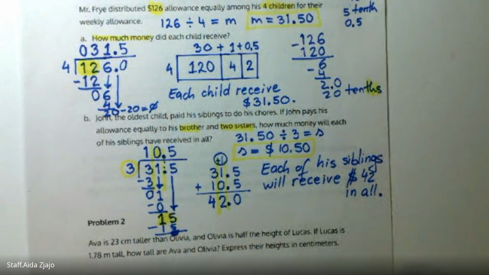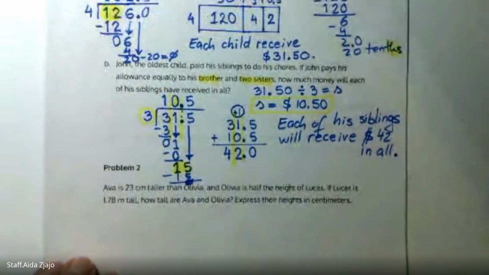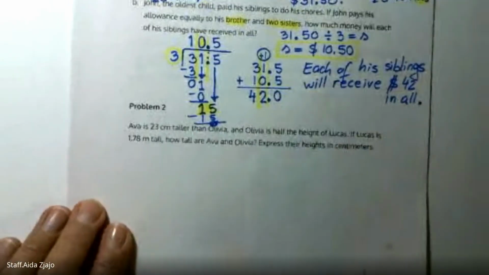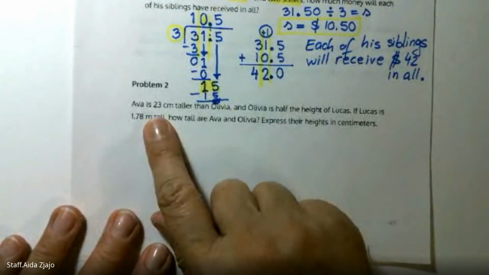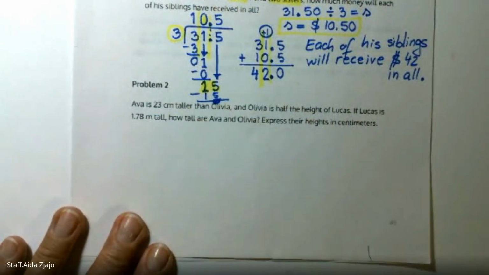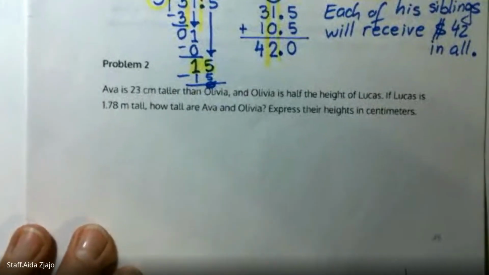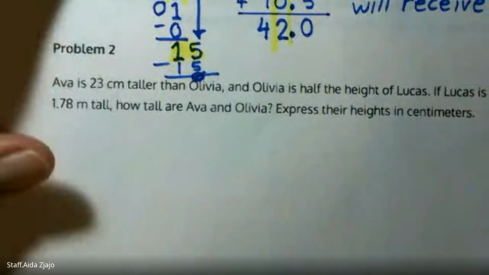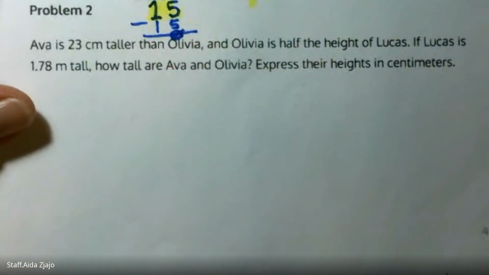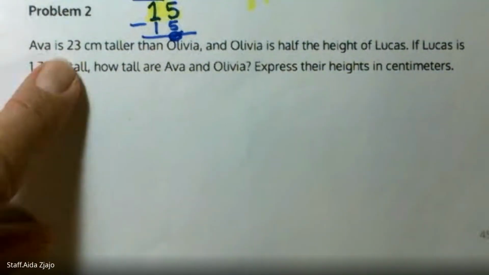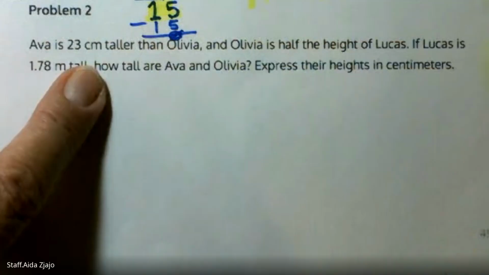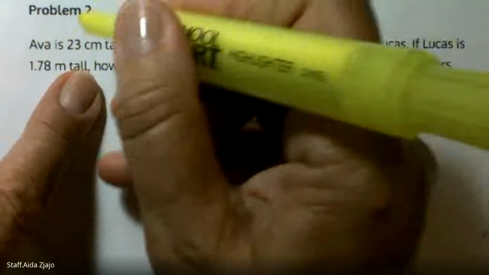Let's see what number 2 would be. Okay, all right. Ava is 23 centimeters taller than Olivia.